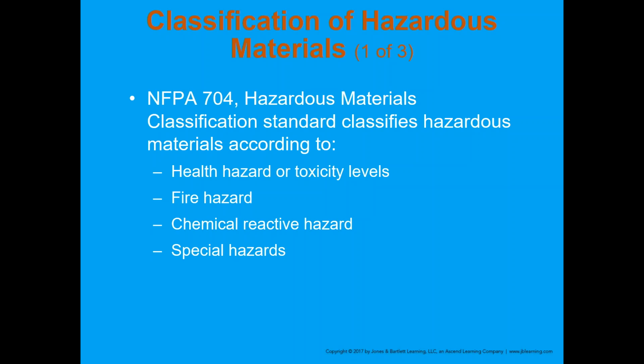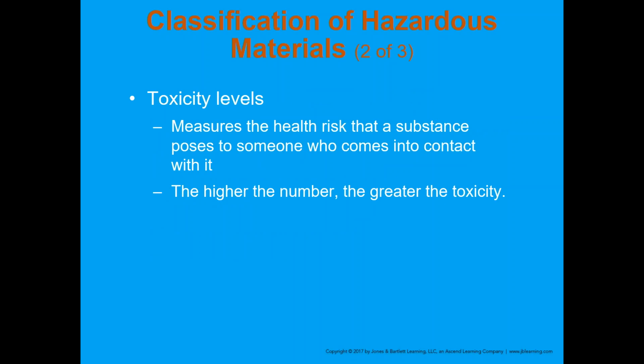The hazardous materials classification standard, you have your health hazard or toxics, your fire hazard, chemical reactives, and special hazards. Toxicity levels measure how much of a health risk a substance is to whoever comes into contact. And obviously, the higher that number is, the higher toxicity it's going to be.